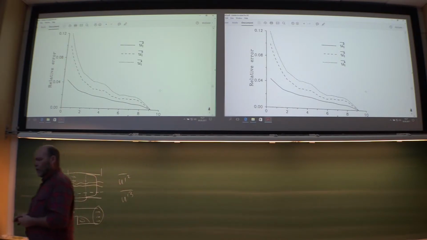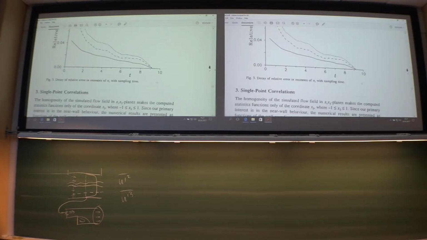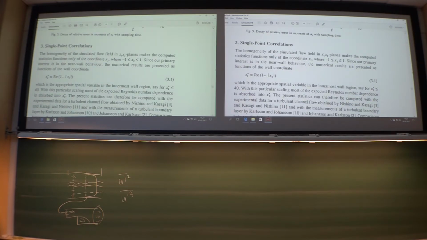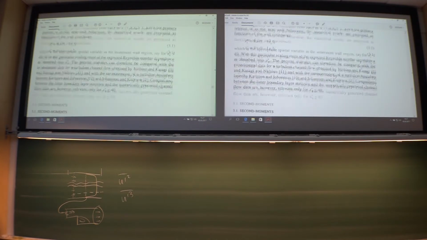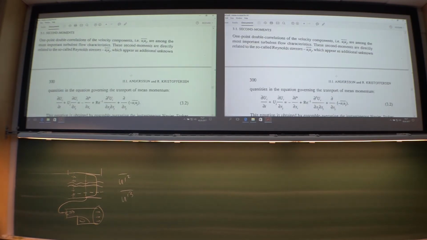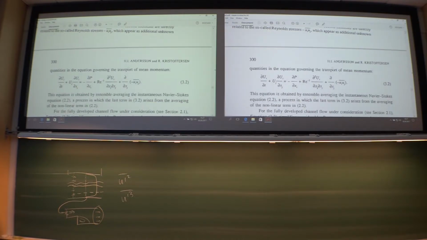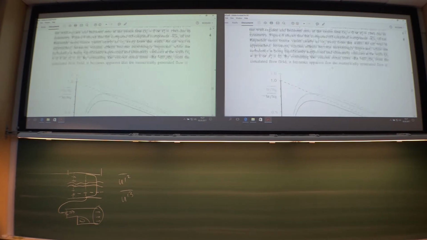So for the guys dealing with turbulence models, they will be very interested in seeing what these quantities actually look like. So that was the argument. Single point correlations, not so interested in. Second moments, yes, they are of course interesting.